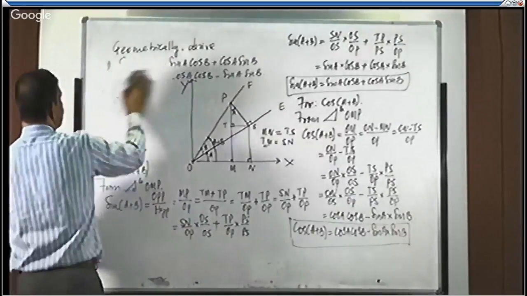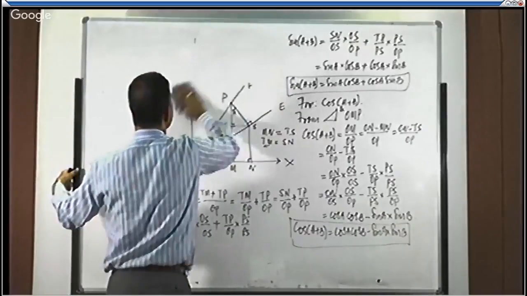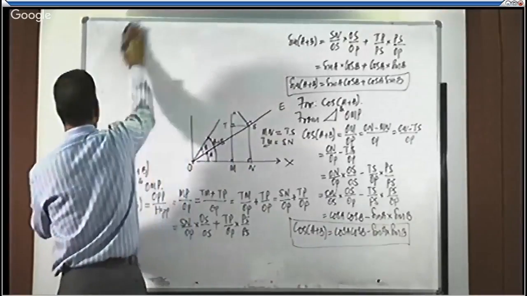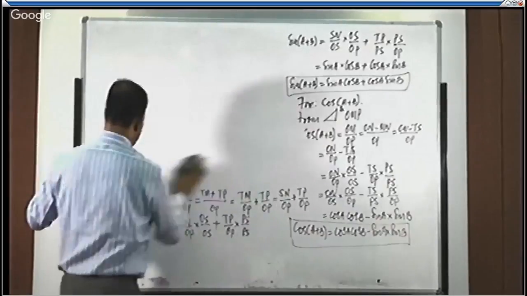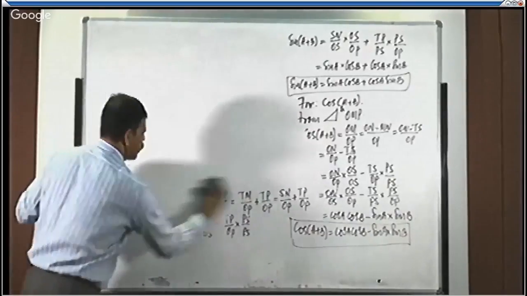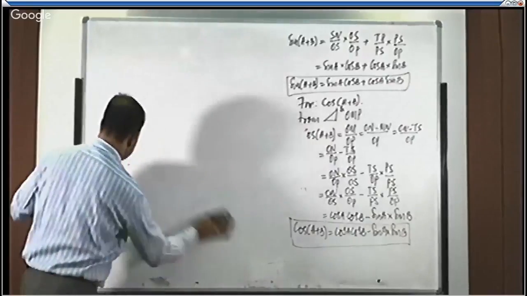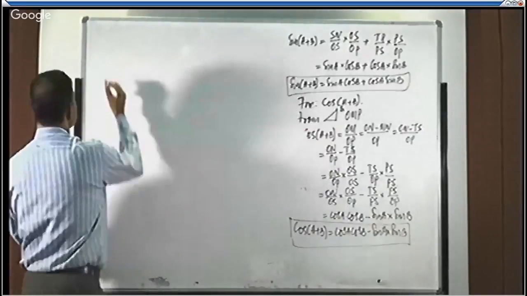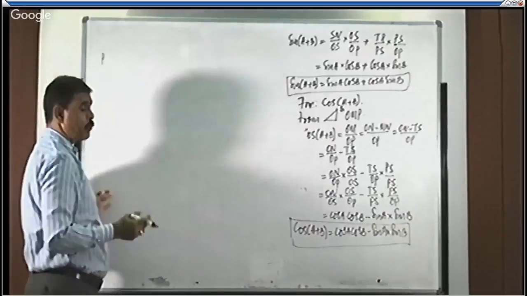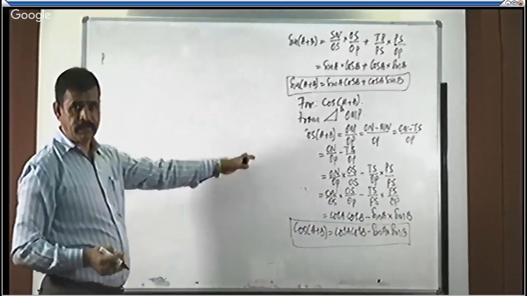So with this sin of A plus B, cos of A plus B, we can derive tan of A plus B and other things. You can also derive it geometrically by using same concept.